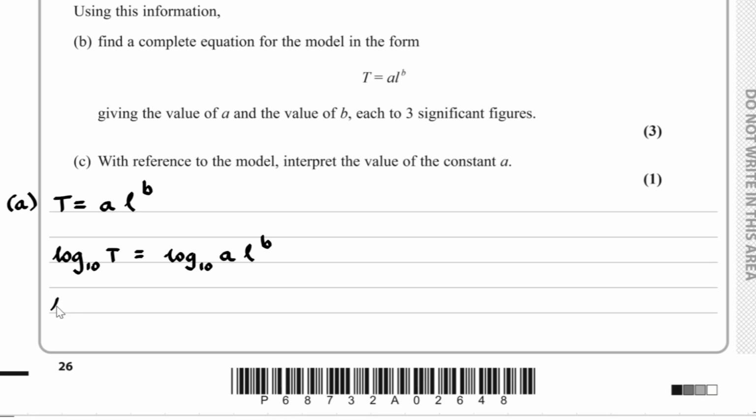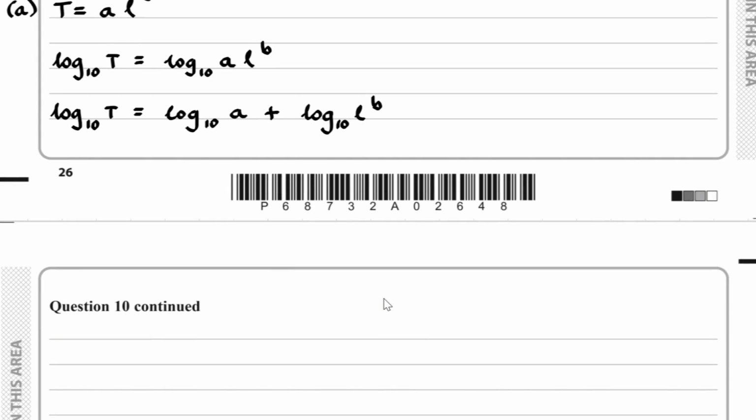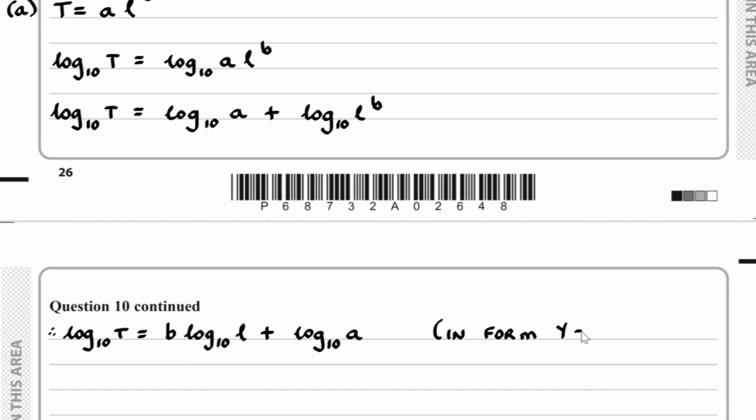And if we use the addition law of logs, we have log base 10 of a plus log base 10 of L to the power of b, from which we can conclude log base 10 of t is equal to b multiplied by log base 10 of L plus log base 10 of a. This is of the form y equals mx plus c.